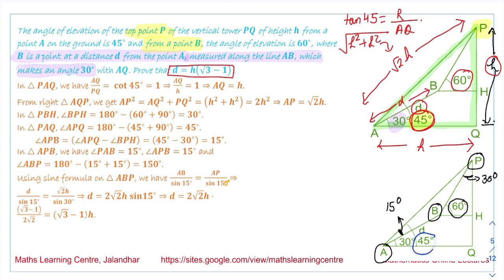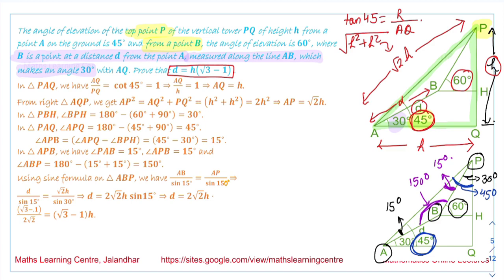If this angle at A is 45 degrees, then this larger angle at P comes out to be 45 degrees, and this smaller angle at P comes out to be 15 degrees, and this angle at B comes out to be 150 degrees.